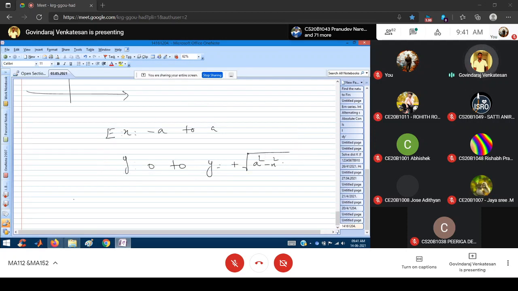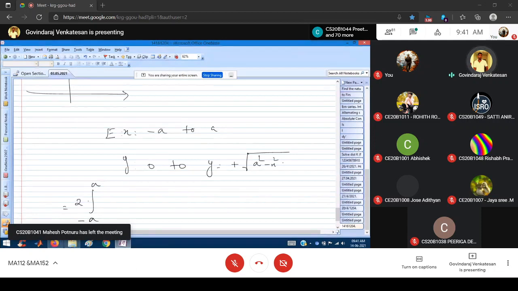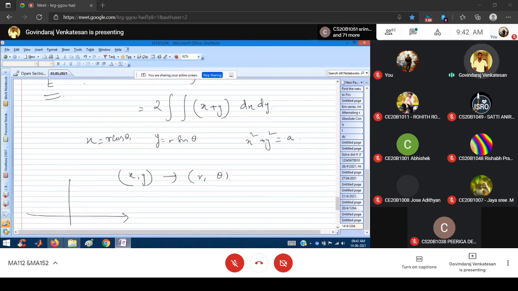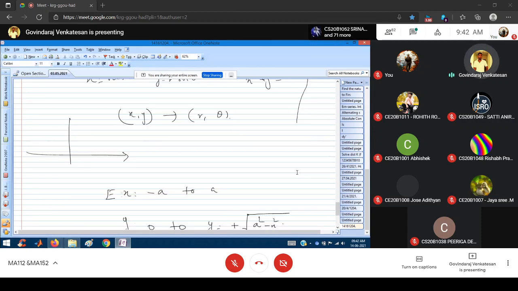You can substitute the integral over minus a to plus a as 2 times the integral from 0 to square root of a square minus x square of x plus y into dy dx, because the limit is defined in terms of x. So don't convert this into polar coordinates, let it be.